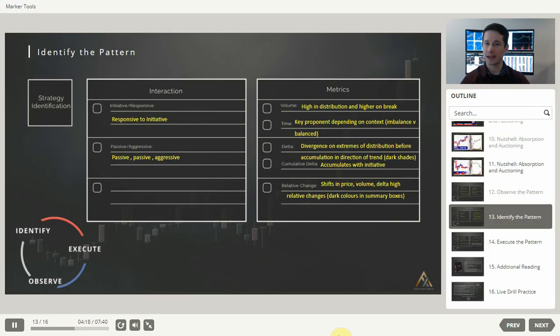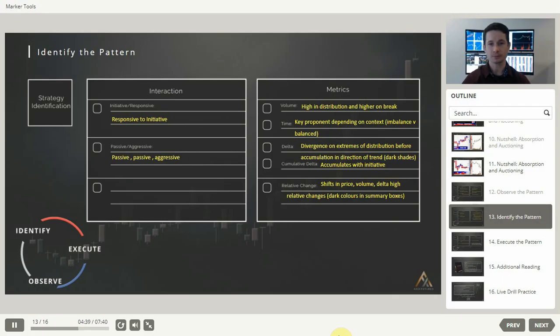Just before the breakout of the high, we suddenly saw, instead of large selling absorption, large buying absorption at the high. And that's what you want to write in that box. What was the interaction that gave you that clue? Because by writing this down every single time, you're going to learn to develop pattern recognition.